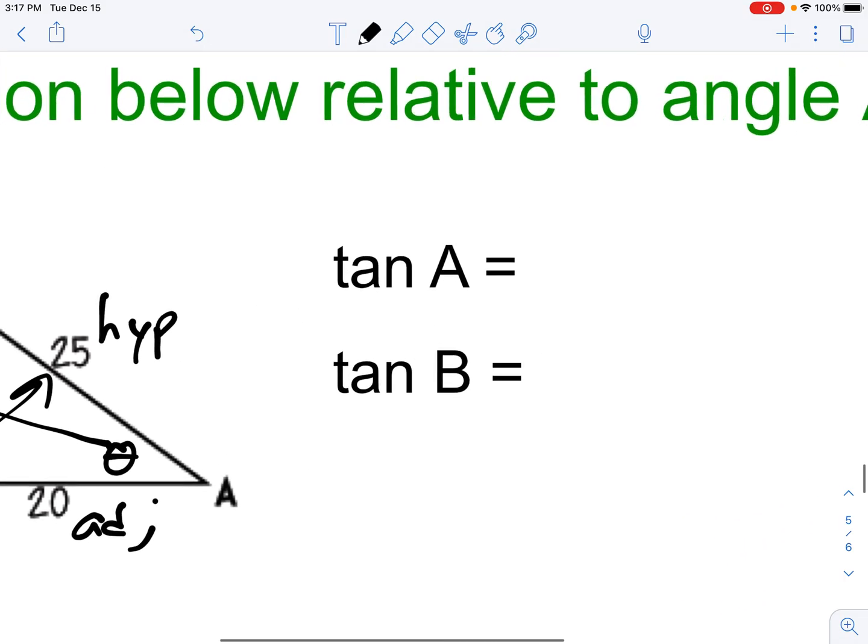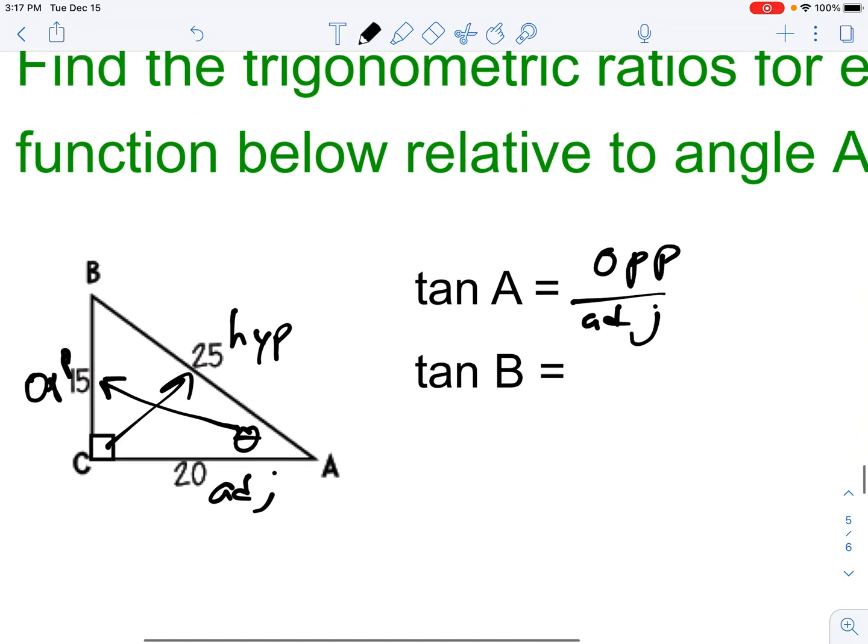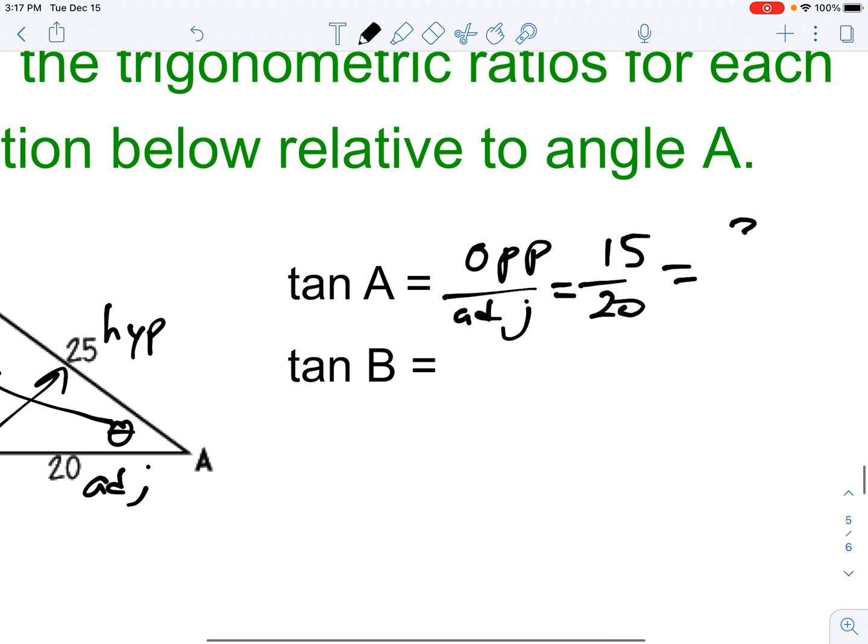Tangent of A, well, tangent is the opposite over adjacent. If you're not sure, scroll all the way back up. So then we would take the opposite side 15 and the adjacent side 20 and write them as our fraction. Reduce down, those are divisible by 5, so we get 3 over 5.